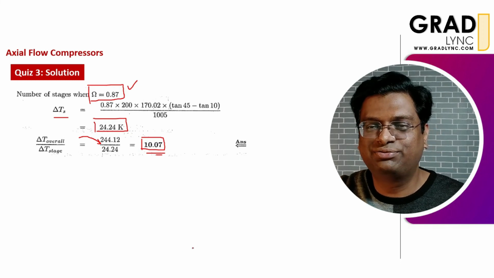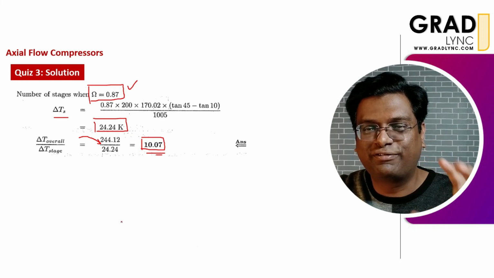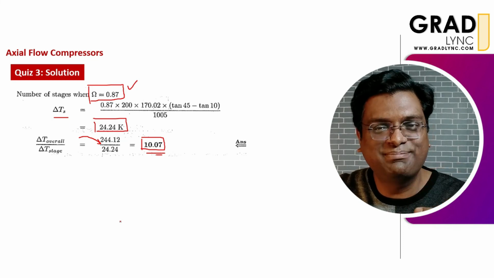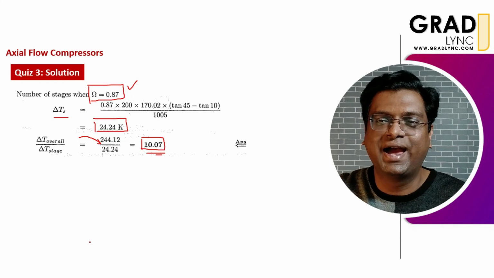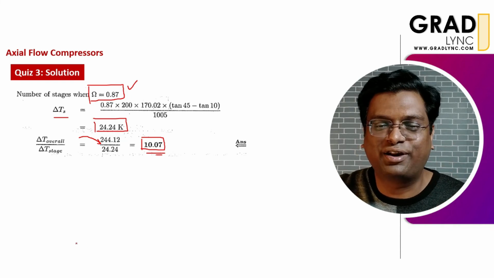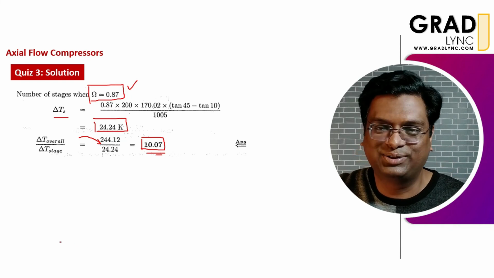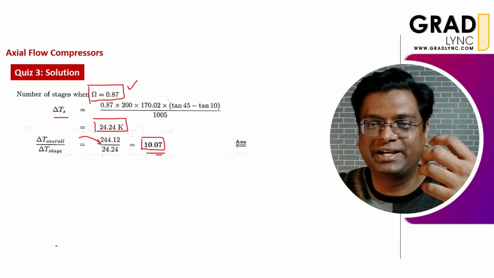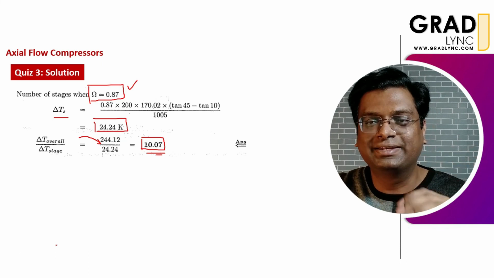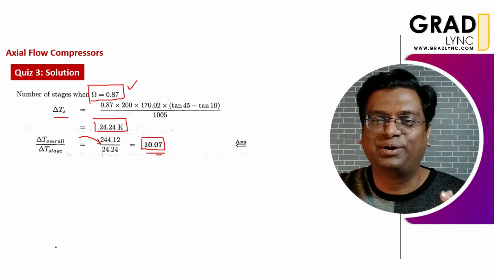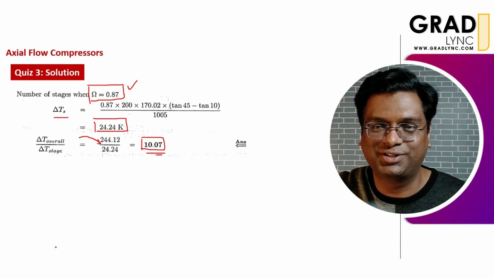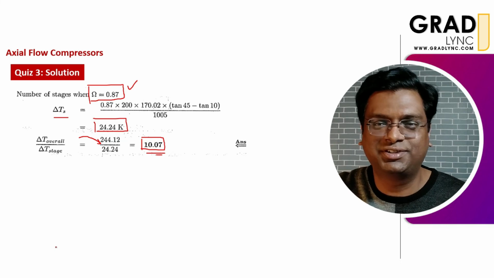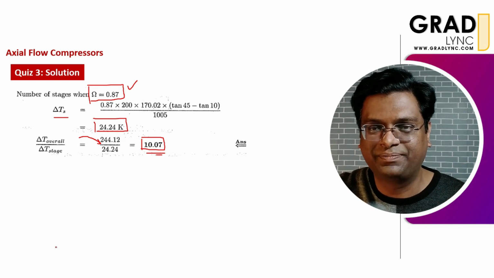In the next analysis, we understood that the number of stages required will be 10 to compress the air by the same pressure ratio, that is 6 times, with the work done factor of 87%, right? So please understand. In the ideal case, you need 9 blade rows to compress the air 6 times, but in the real case you need 10 rows to compress the air to the required pressure ratio, right? So this is the understanding we get from this numerical. It is very interesting and practically relevant, right?